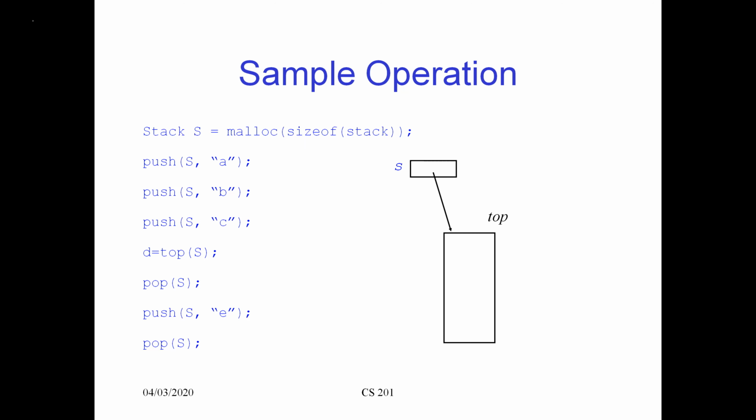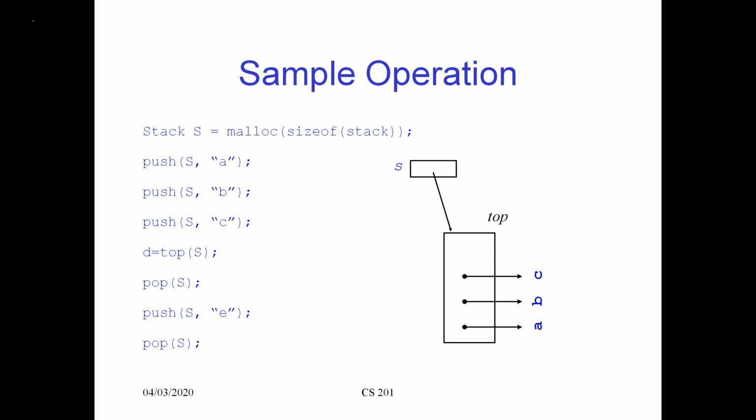You can see here, when I'm creating a stack, there is a pointer allocating a space, and after that you push. The first item A is at the bottom of the stack, then the next item comes in, AB, and then the third item. So you have three items inserted.